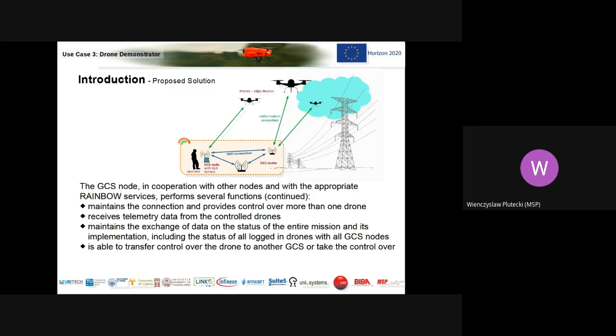And it is able, of course, to transfer the control of a drone from one control station to another if, for example, the radio link is limited. So this allows for the continuity of the mission.